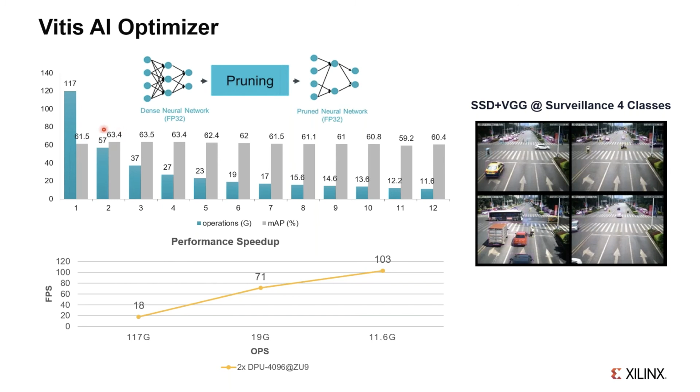And then sometimes we could even get slightly better results with a network that's almost half as big as the original. And you can see the impact this has on performance. At the end of the day, pruning is really there to bring up performance. We're at 18 frames per second to start off with. Now, at the very end, we're at 103 frames per second. Okay? So a huge impact on the performance.